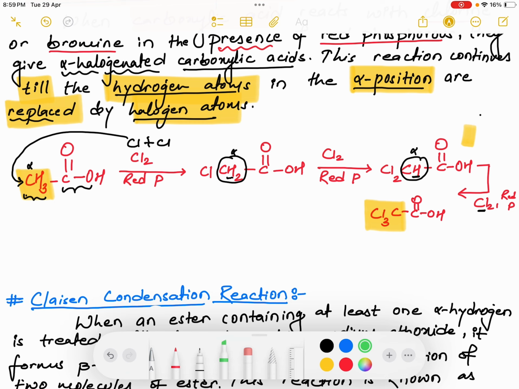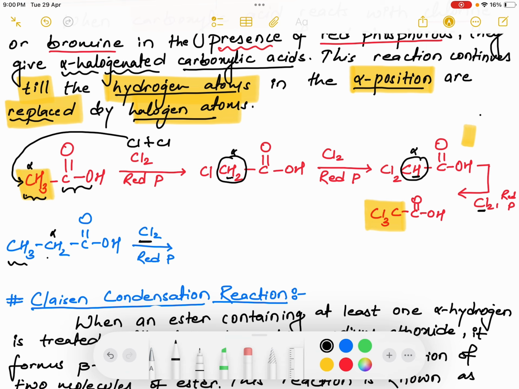Let me take another example. That I am taking is CH3CH2 C double bond O, OH, and I am treating it with chlorine in the presence of red phosphorus. In this case my alpha carbon is not this one, here the alpha carbon is this one, and it has how many hydrogens, 2.